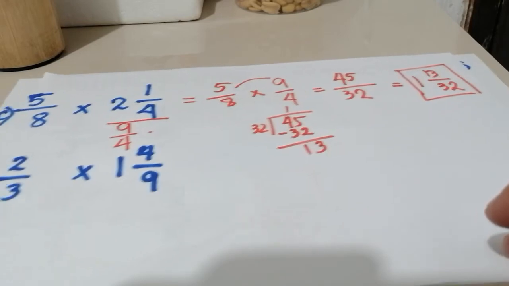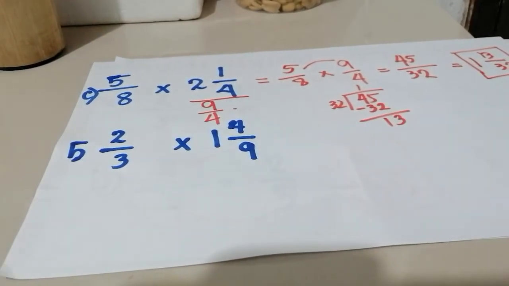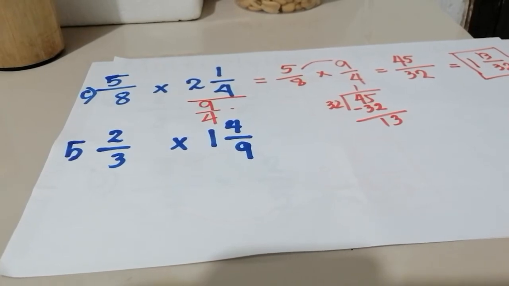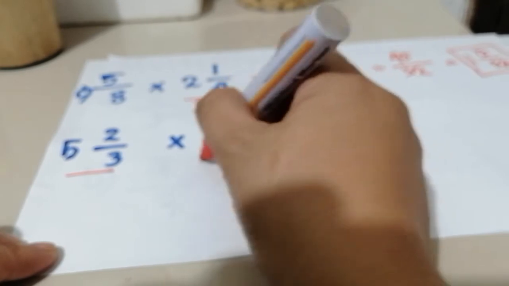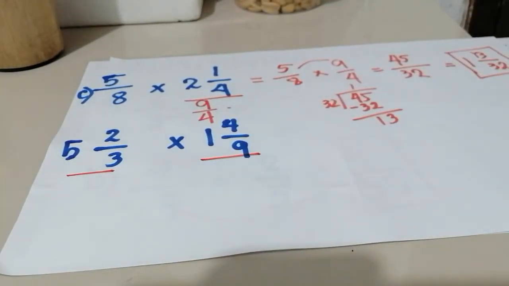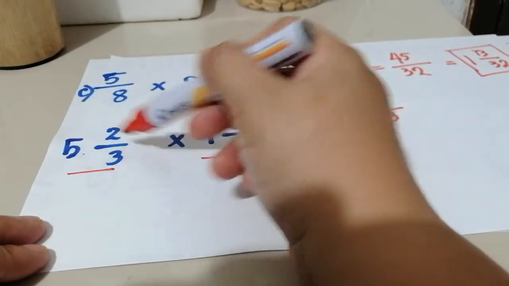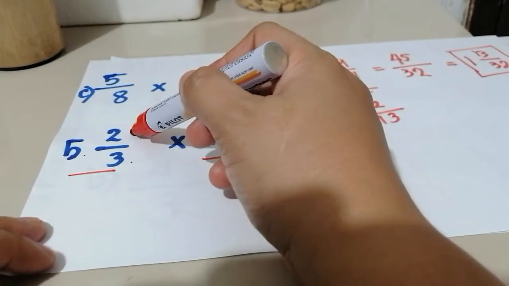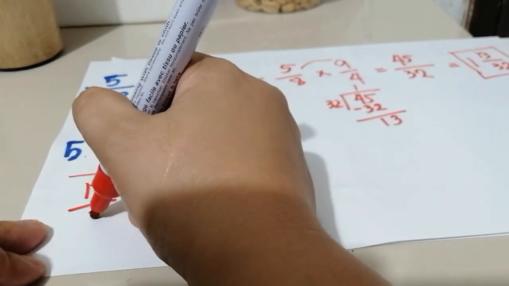Okay? Next. This one. What if pareho na silang mixed number? So, since pareho na silang mixed number, ibig sabihin, silang dalawa, i-change mo muna sa improper bago ka mag-multiply. Okay? So, changing that, 5 times 3 plus 2 is 17 over 3.